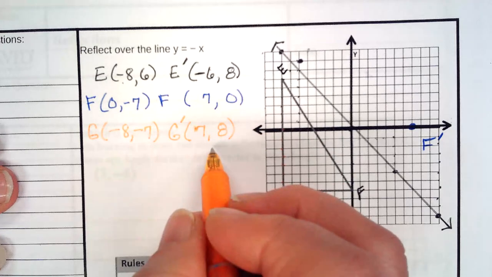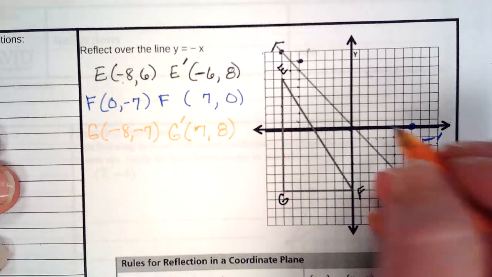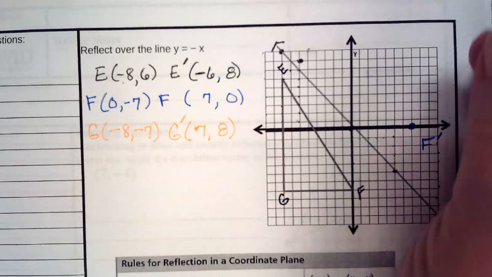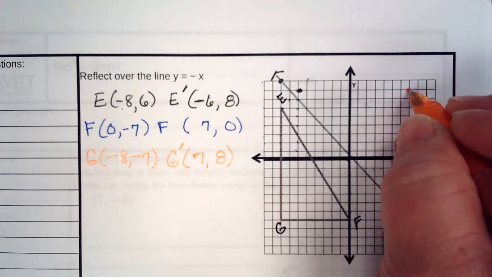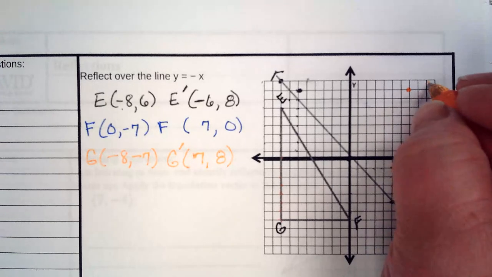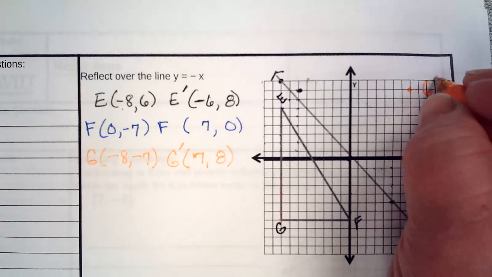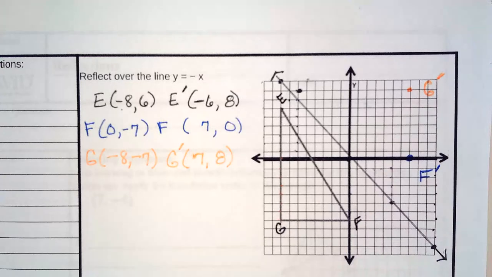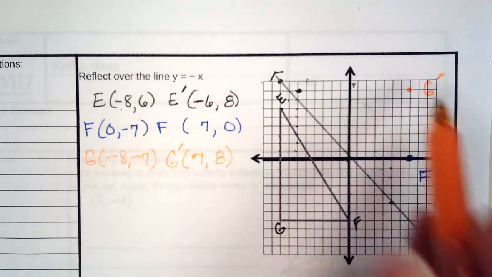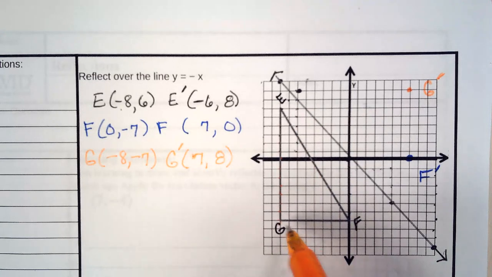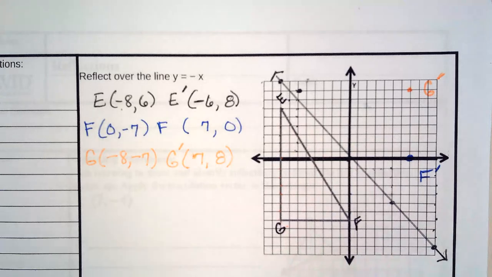These are both negatives, so their opposites are positive. So this is 7, and then I go up 8. And this will be G prime. If you notice, I didn't have to count because I knew if this is perfectly vertical, this one has to be perfectly horizontal. And this gives me my new translated triangle.